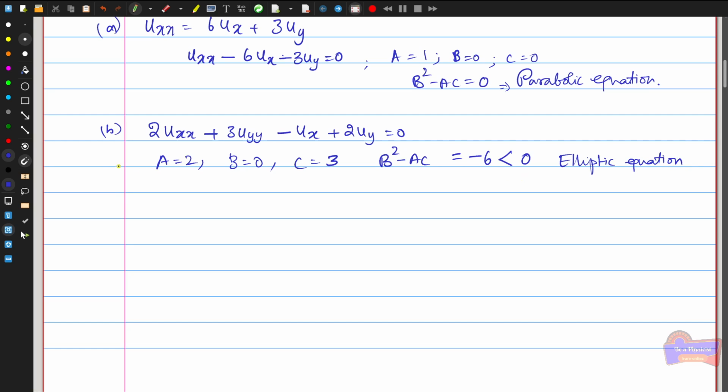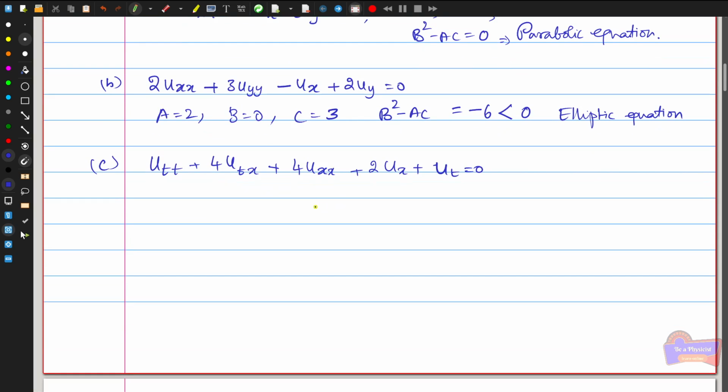Okay. So I can also solve one more example, which is utt plus 4 times utx plus 4 times uxx plus 2 times ux plus ut, which is equal to 0. So this is the equation which I have considered.